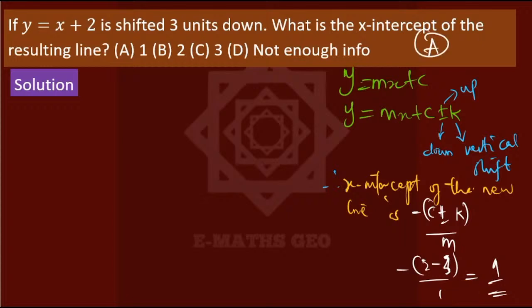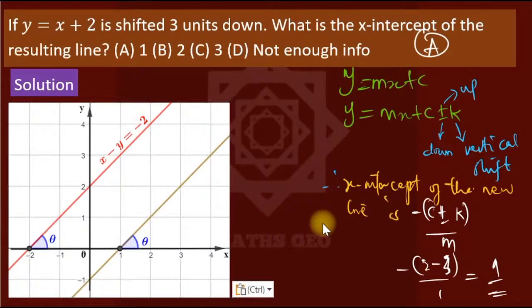That's option A. But look at this diagram, you see we are correct. The red line is the original line. If you shift 3 units down, 1, 2, 3, see the new x-intercept, which is 1. That's how we solve it. Thank you.